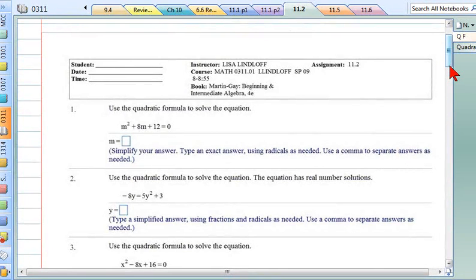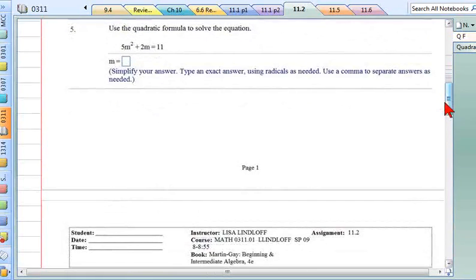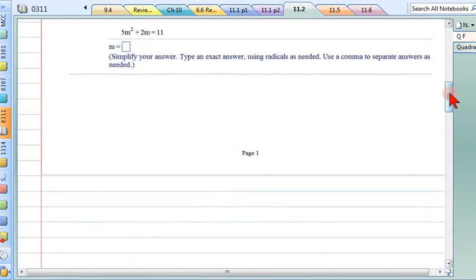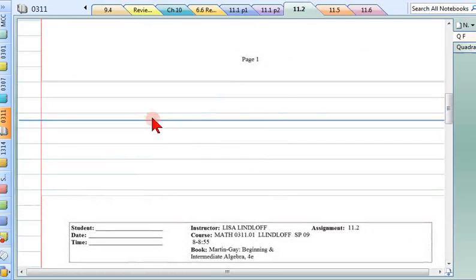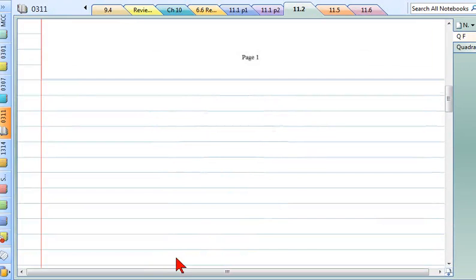Simplify your answer, type an exact answer, use radicals as needed, use a comma to separate answers as needed. All right, so what I'm going to do for those first 5 questions is just get a lot of space. And I'll get more space as I need it.